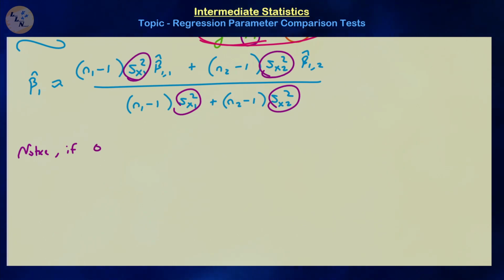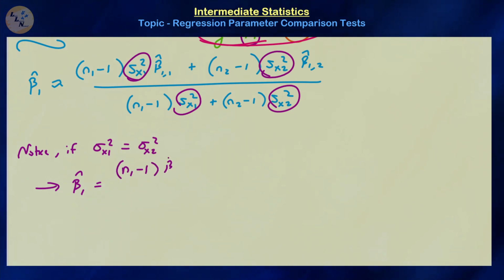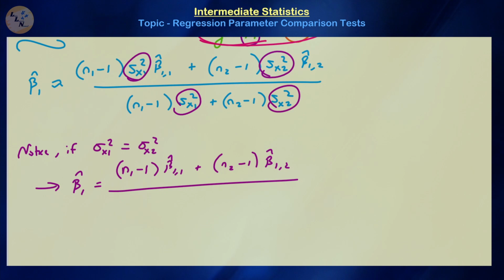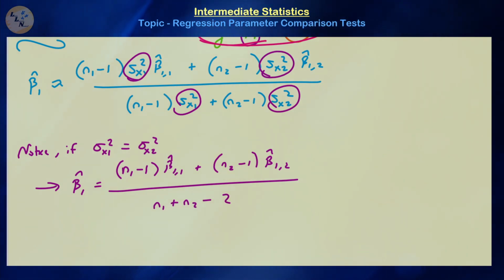So if sigma x1 squared equals sigma x2 squared, if those two are equal to each other, then a better approximation for this is just going to be equal to n1 minus 1 times beta hat 1,1 plus n2 minus 1 times beta hat 1,2, all divided by n1 plus n2 minus 2, right? And why is that?